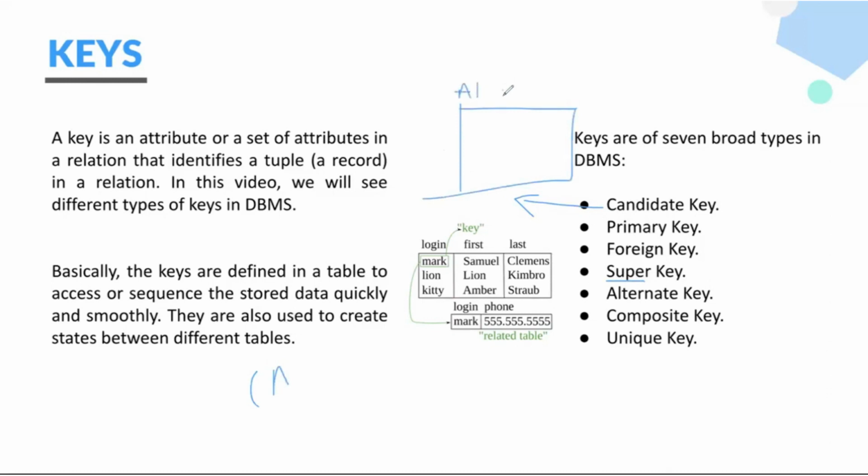Sir, sorry for interrupting you, but if roll number is a candidate key, then it can single-handedly fulfill your definition while name cannot.